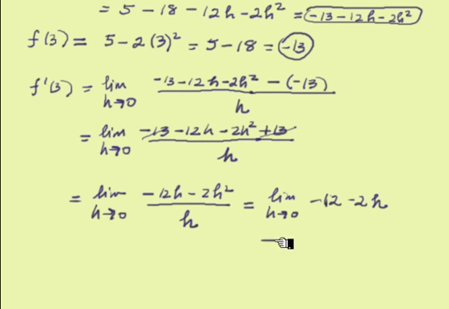And once we do that, we drop this limit notation, and we get minus 12. That's the result. So minus 12, that is equal to the derivative at 3, f prime of 3. So that's the derivative at 3, or you can think of this as the slope of the tangent line at x equals 3.